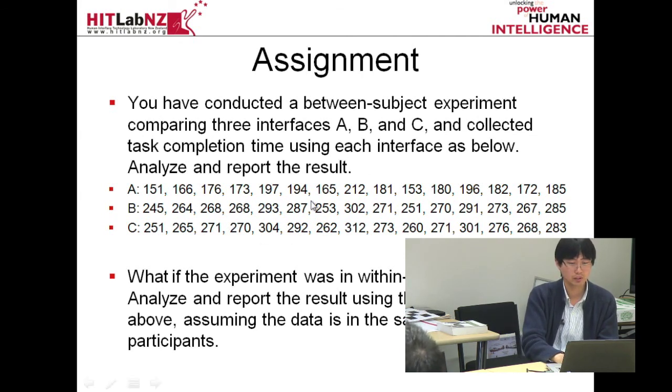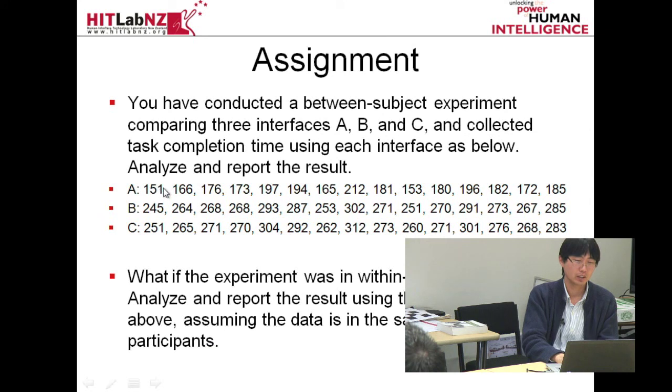So to run the test with this data set. The second question is actually using the same data set. What if it was a within subject design? Okay, so if it was a within subject design, you should be running a different type of ANOVA, to give you a hint. And this time you have to assume that the data is in the same order of participants.